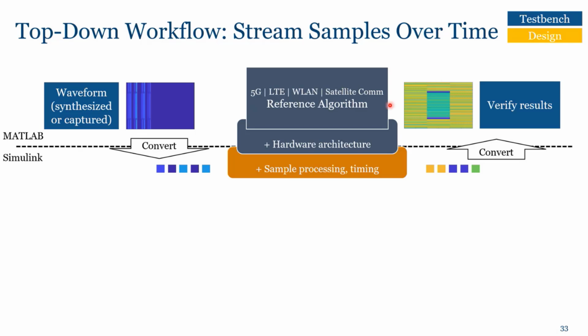This iteration is the same as what we saw in DSP HDL or the HDL application-independent examples. The idea behind all these workflows is to have some data, validate the algorithm, verify the results, later move to a more detailed, hardware-friendly implementation in Simulink, explore the timing and the sample processing, and later verify and have this back-to-back testing always.